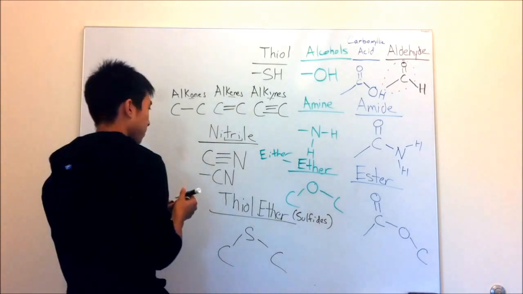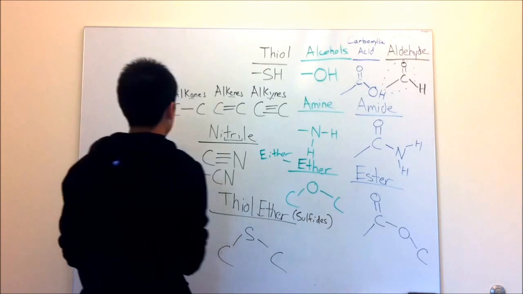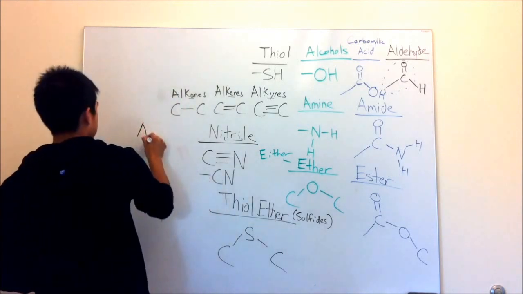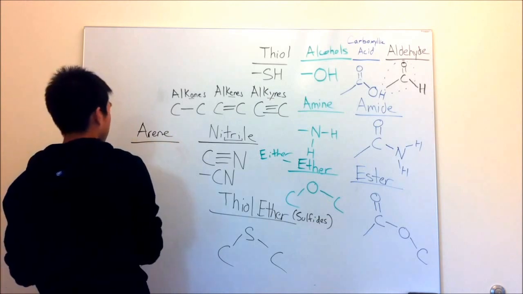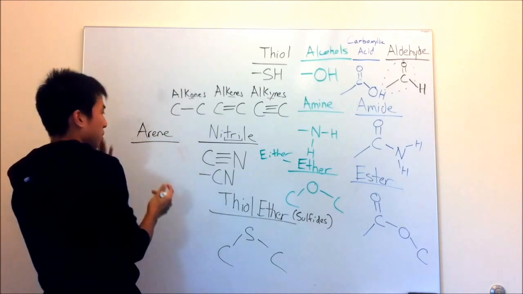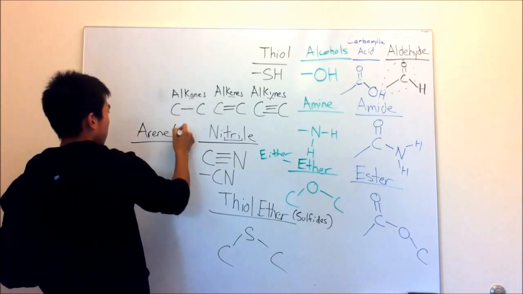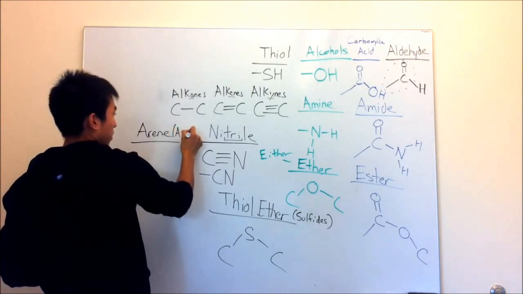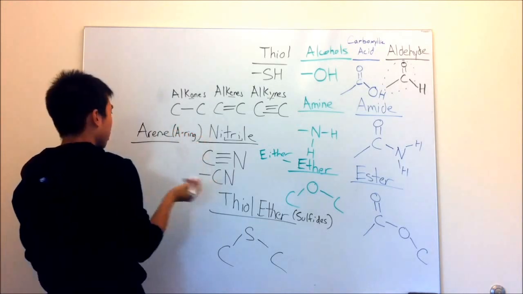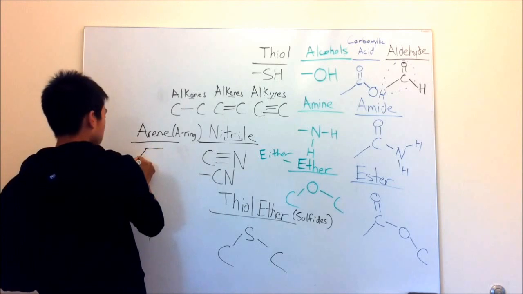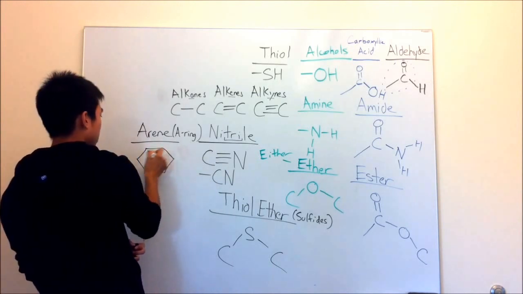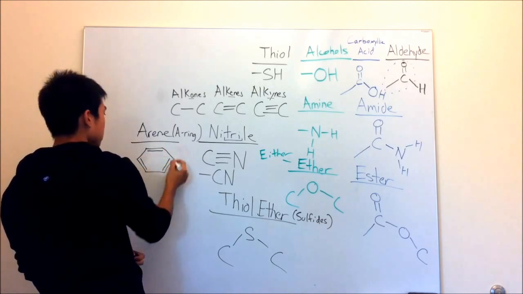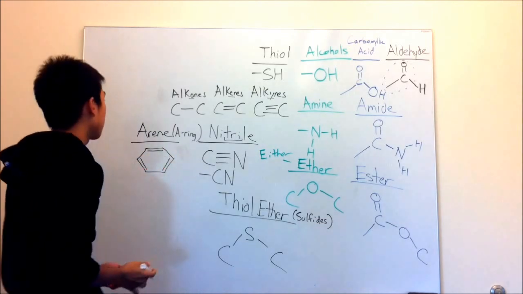Oh, the last thing is arenes. When I see the word arene, I just think of a ring. And that's basically what they are. They're just rings, but they have double bonds inside, like this benzene.